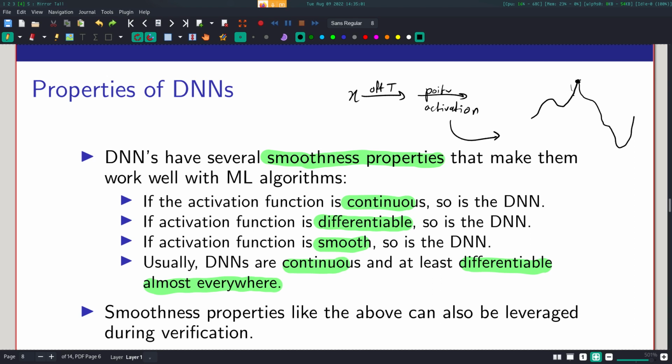But because our function is differentiable almost everywhere, we know that the probability of starting from a point where there is no derivative and then shifting and ending up at another point where there is no derivative is really low, right? In particular, there cannot be any region of points where every point inside the region doesn't have a derivative. If you have such a region, then this differentiable almost everywhere criterion doesn't hold, right?